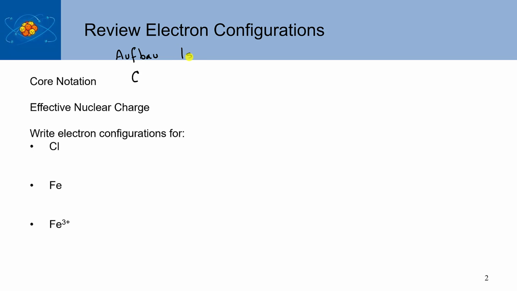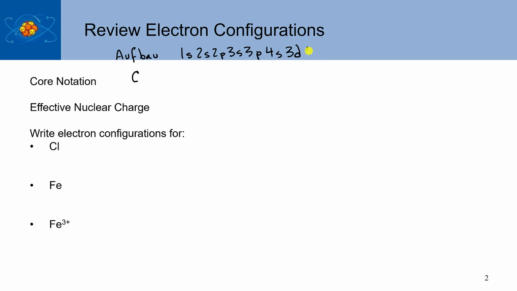So that's going to be 1s, and then 2s, and 2p, and 3s, and 3p, and then 4s, and then 3d. This is the beginning of the d orbitals and the transition elements.